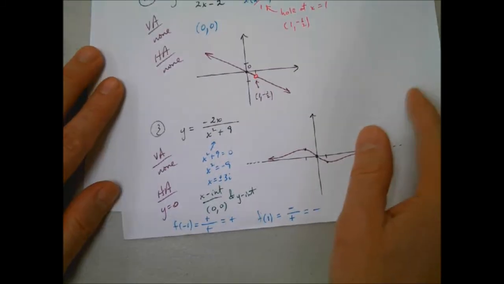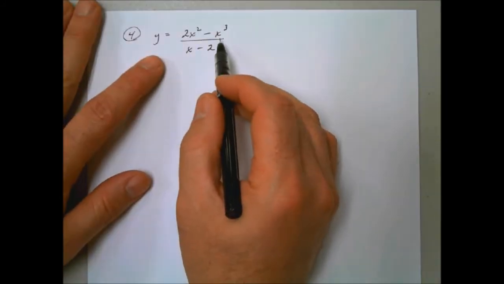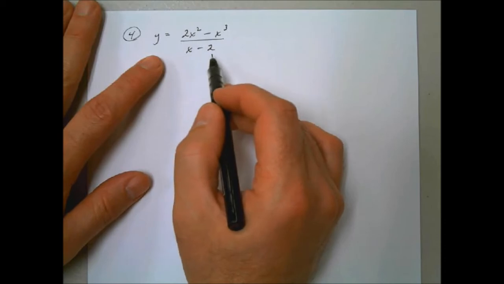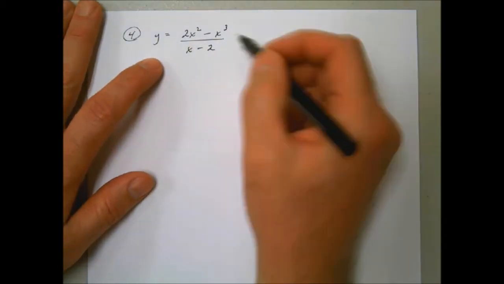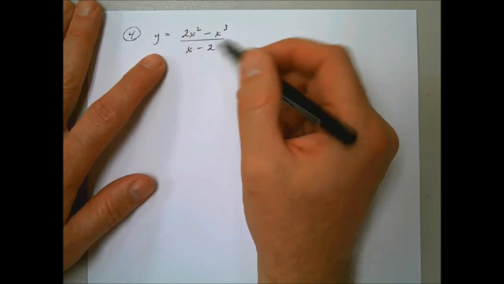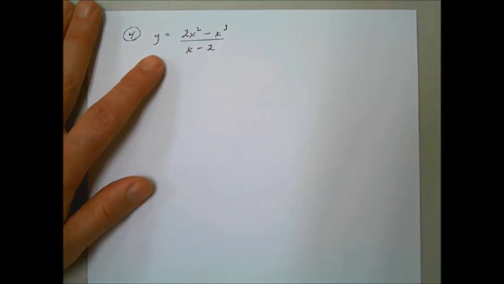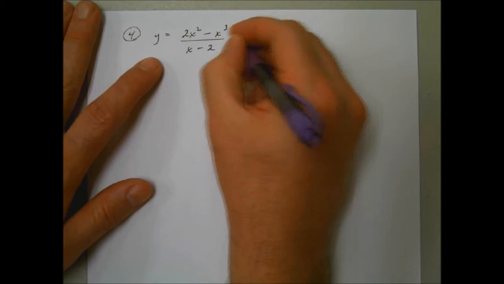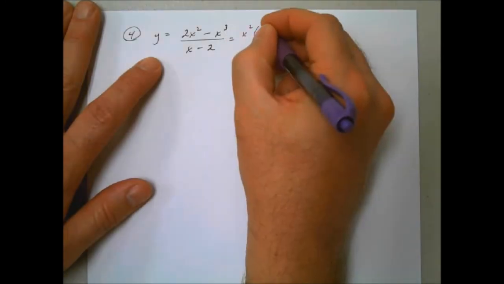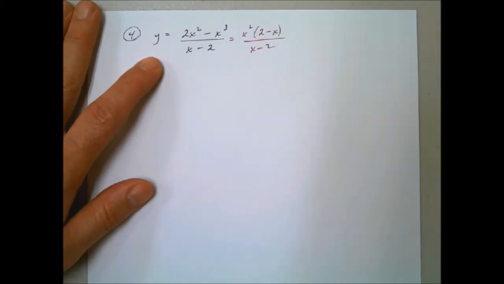Okay, thought we'd look at one more, and then you can have the rest of the time to be working on 4.6b. Y equals 2x squared minus x cubed all over x minus 2. Now we want to have it factored. The top has a GCF of x squared, so x squared times 2 minus x over x minus 2.